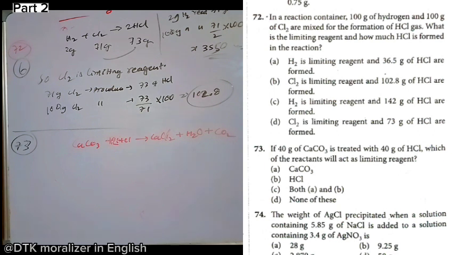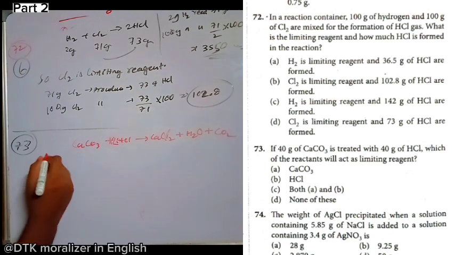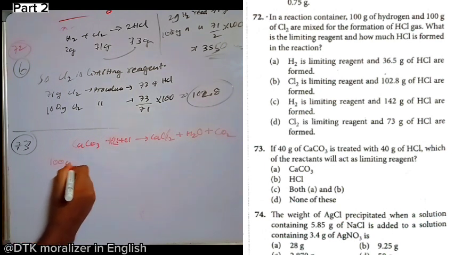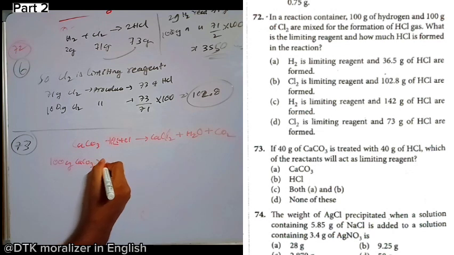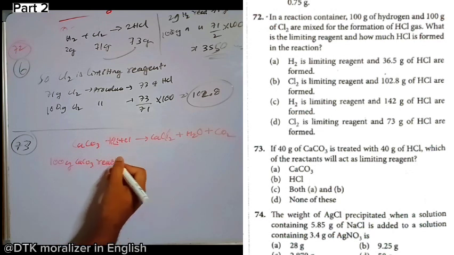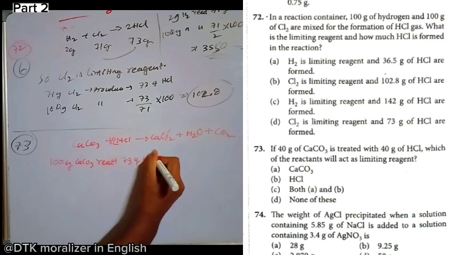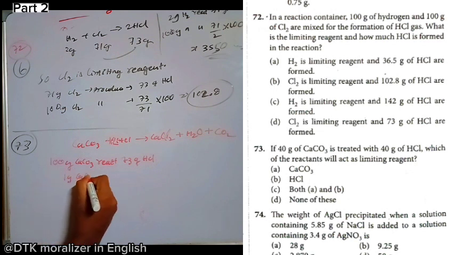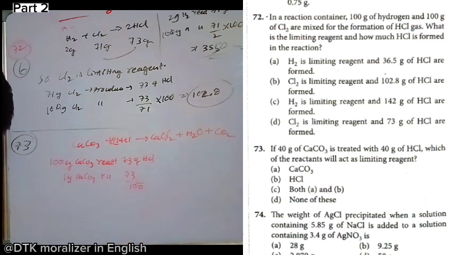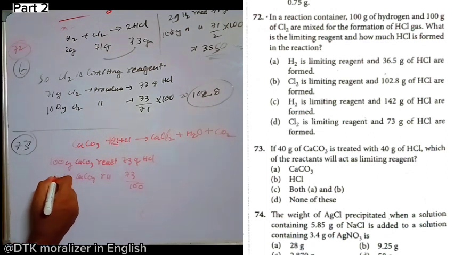Here 100 grams of calcium carbonate react with 73 grams of HCl. 1 gram of calcium carbonate reacts with 73 by 100.